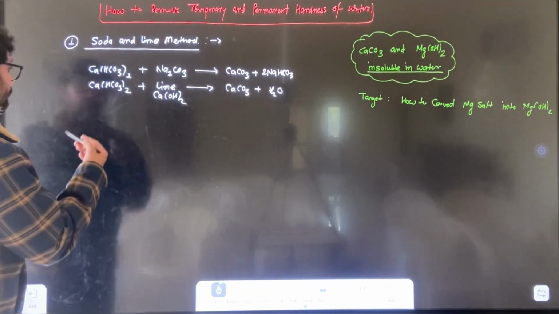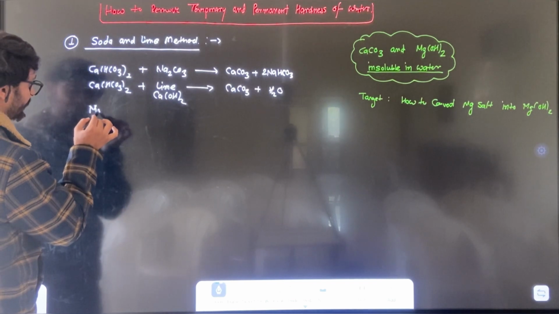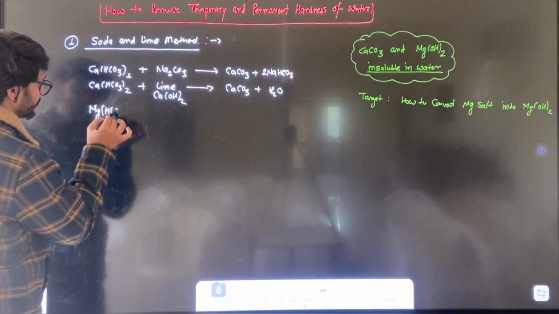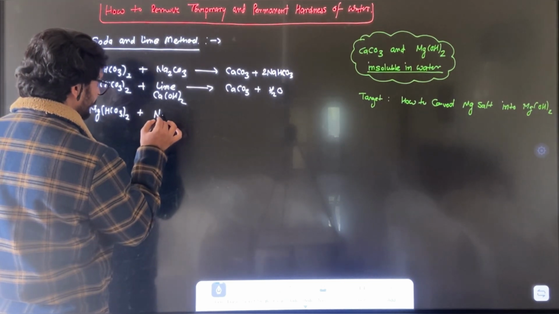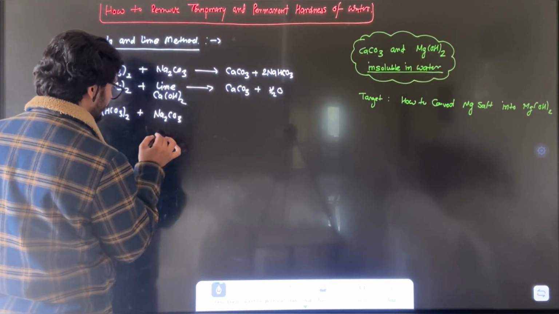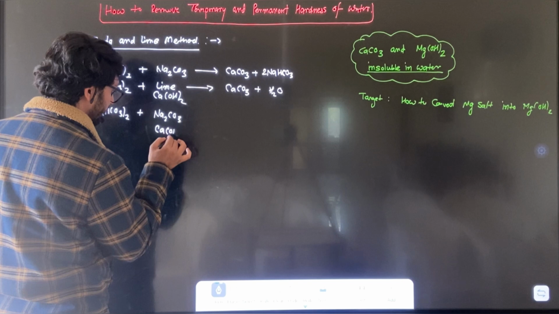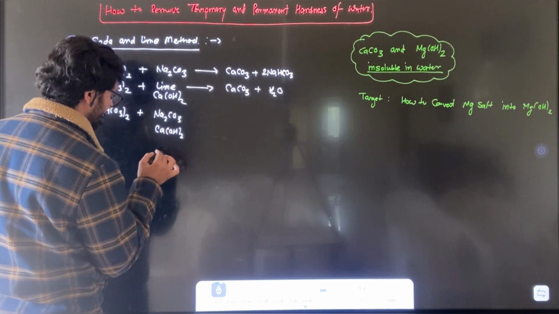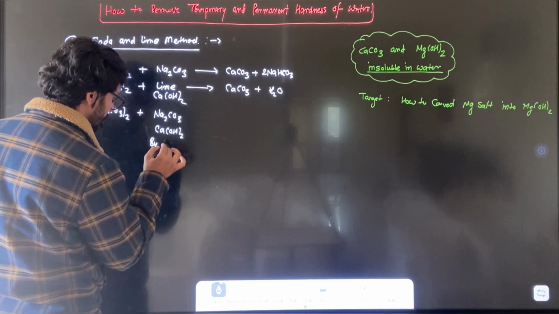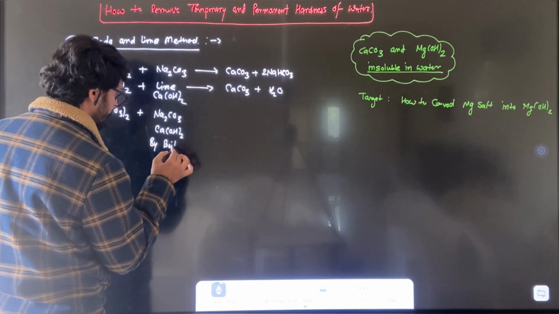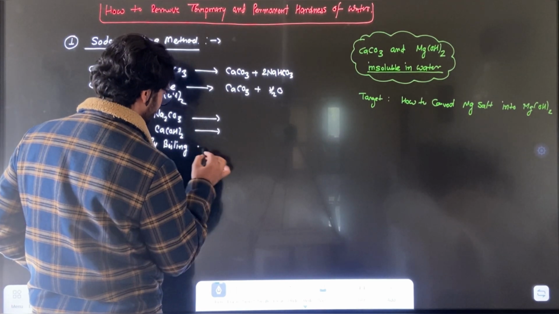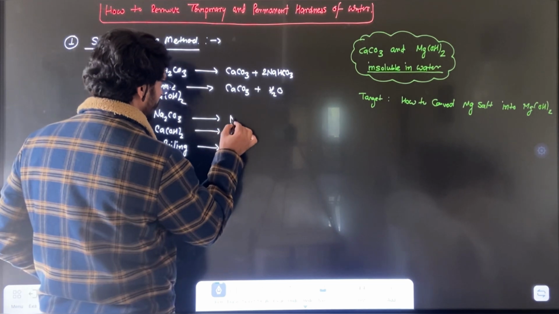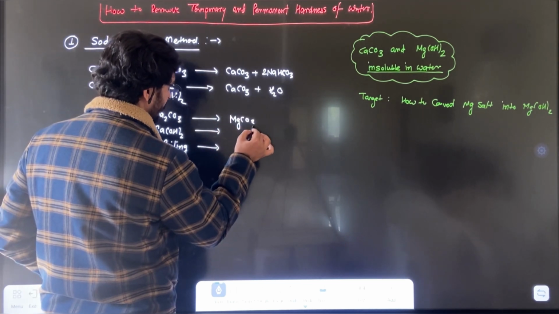But the problem with magnesium bicarbonate is that when it reacts with soda, lime, or by boiling, we get a common salt in these three methods, magnesium carbonate.